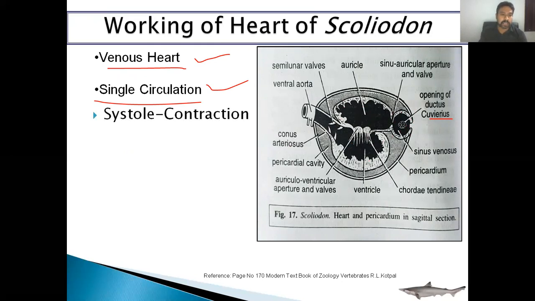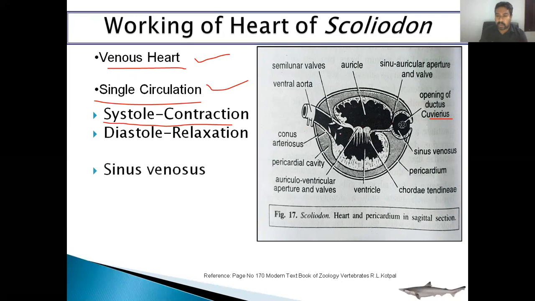These chambers, the sinus venosus, auricle, ventricle, and the conus arteriosus, contract and relax rhythmically, one by one. First the sinus venosus contracts, then the auricle, then the ventricle, and then the conus arteriosus. The contraction is called systole and the relaxation is called diastole.